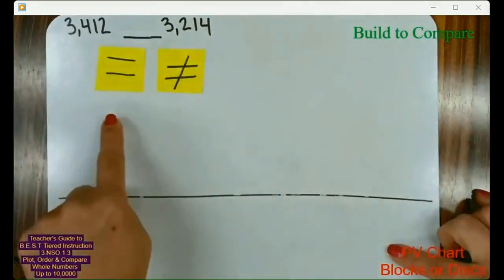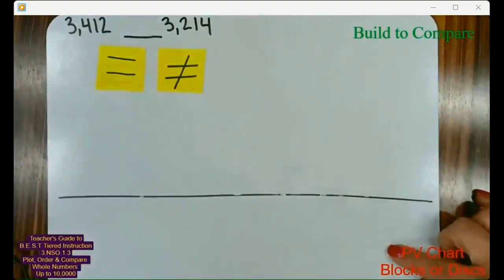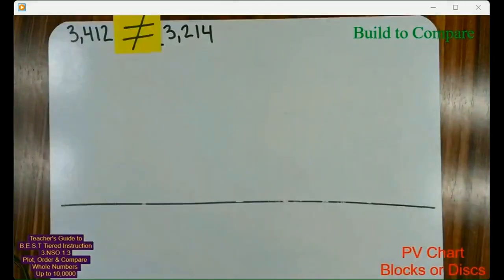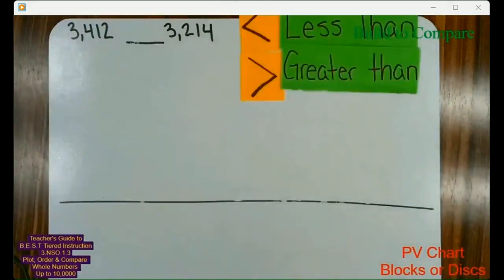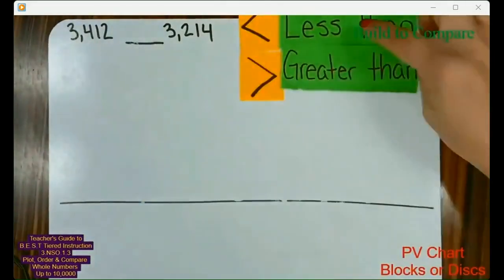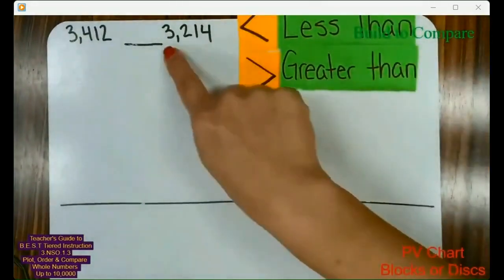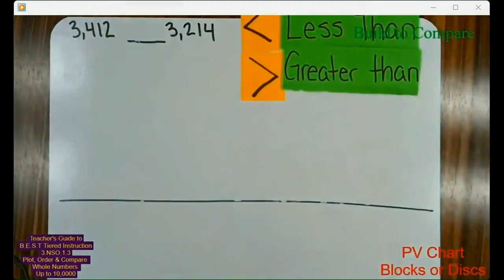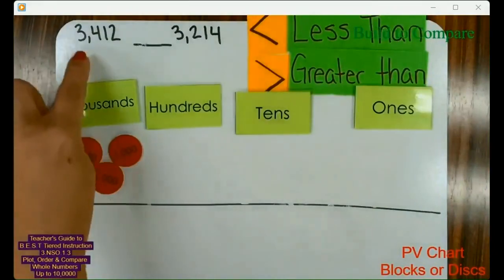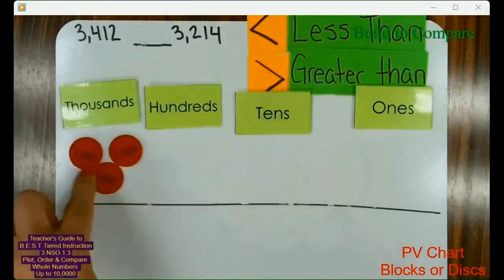Taking that same concept now to go to the thousands place, have students again build, but now we're going to start with the greatest place value. In this example, both numbers have 3 thousands.